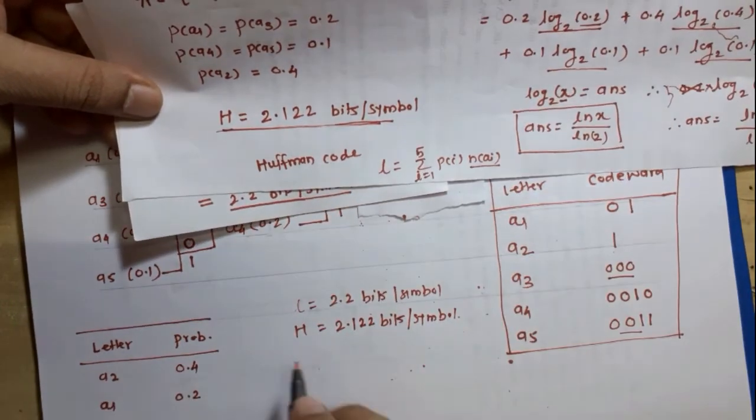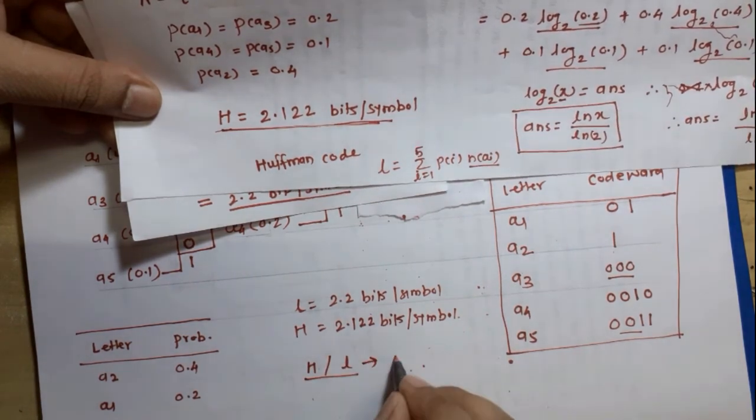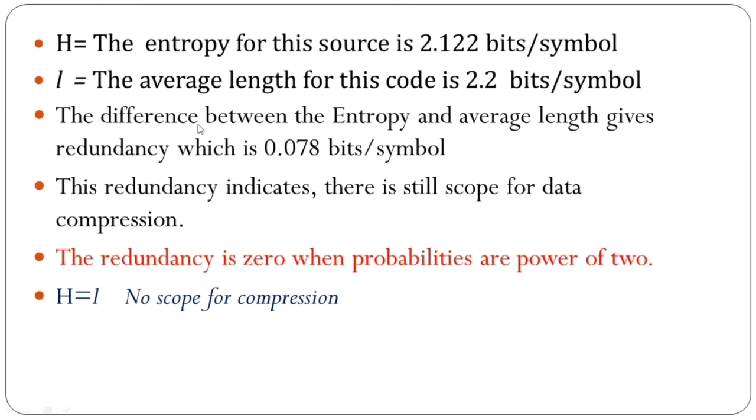Now we'll see conclusions based on entropy H and L. After solving the Huffman coding problem, we found that the entropy for this source is 2.122 bits per symbol, whereas the average length for the code is 2.2 bits per symbol. The difference between H and L gives the redundancy, and this redundancy is equal to 0.078 bits per symbol. This redundancy indicates there is still scope for data compression.